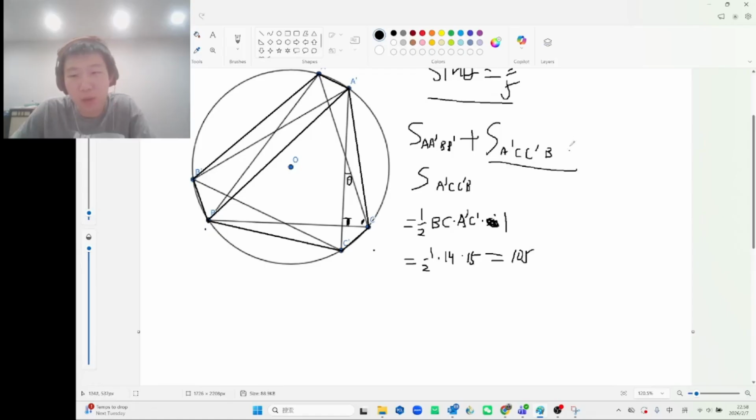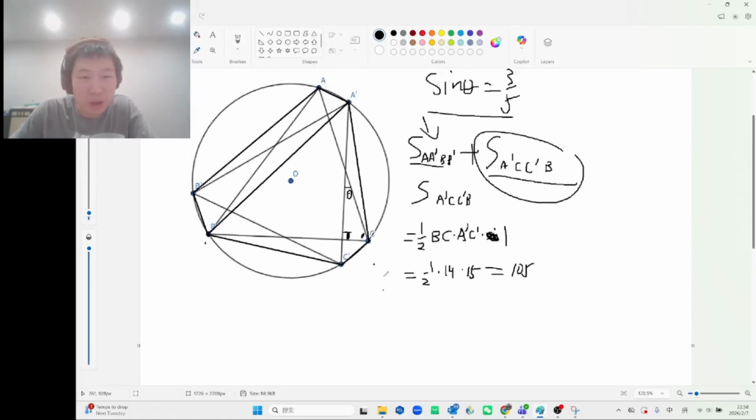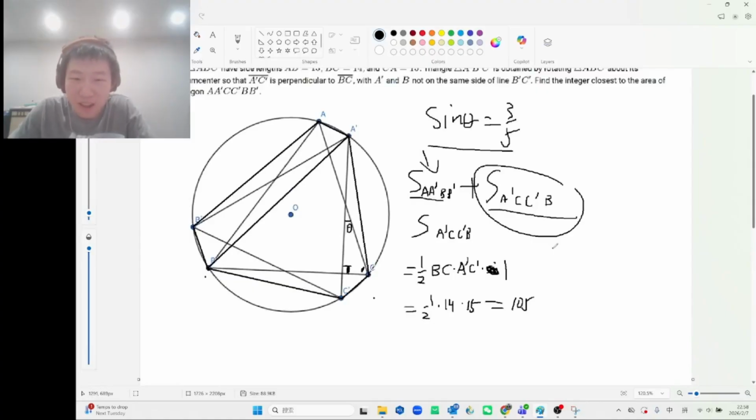So we know this part, and now we're trying to find the other part, which is also very easy. Using the same formula, the area of AA'BB' equals 1/2 of the product of the diagonals, AB times A'B', times the angle between them.